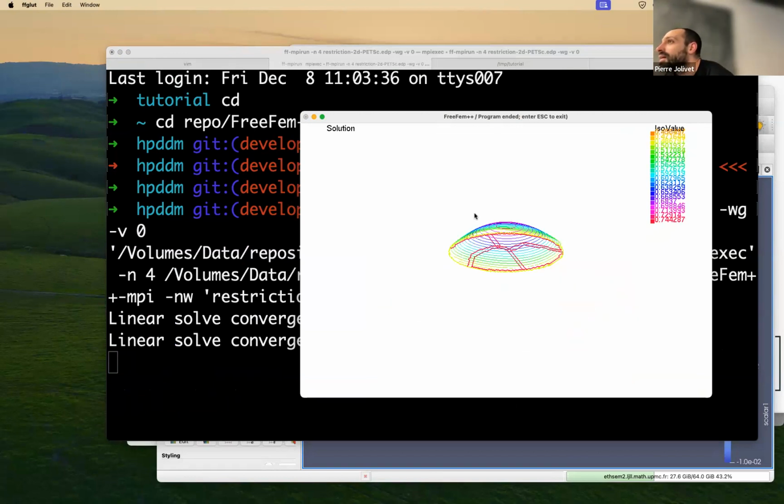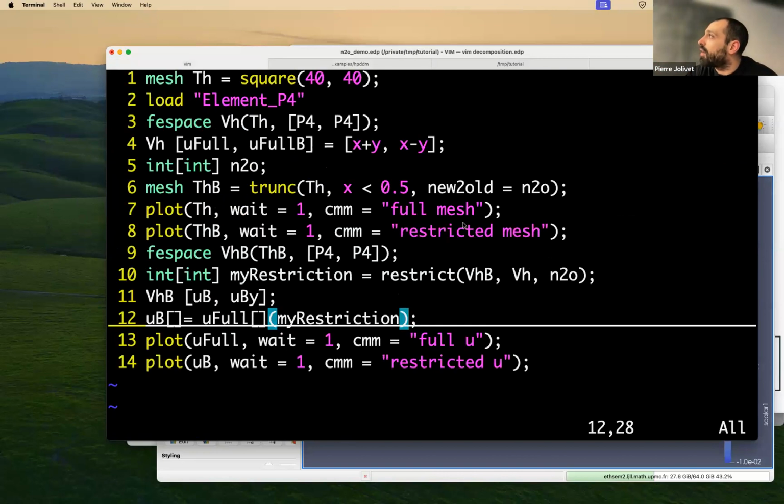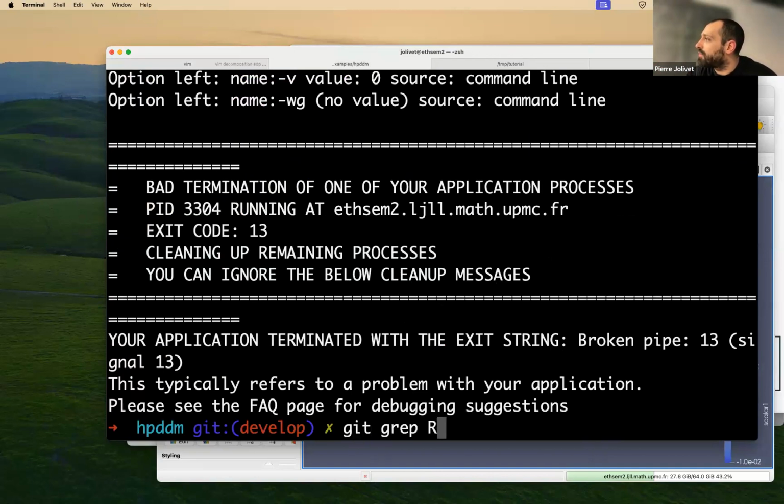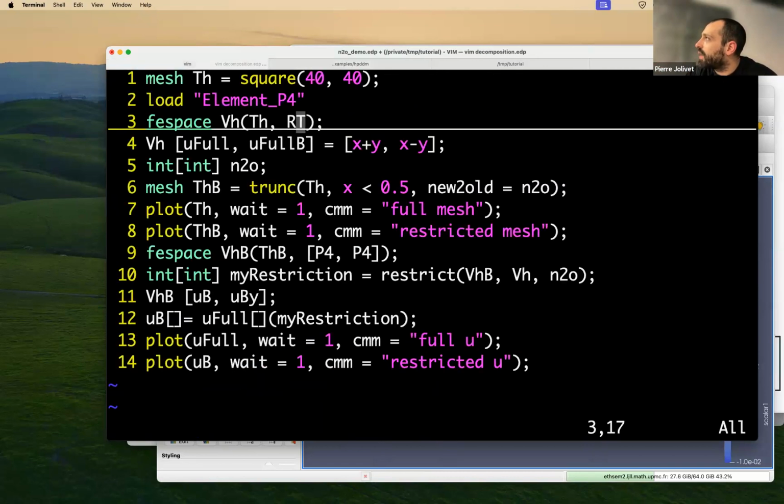Yes, I have a question. If we have to use mixed finite elements, any problem with the number of degrees of freedom? No, it should work just the same, I think. I'm not used to mixing restrict with Nedelec finite elements, but I think it should work. For example, it's not Nedelec, but okay, let's try RT2.